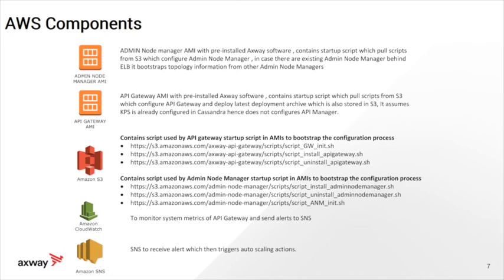Similarly, we'll be using Amazon S3 where we'll be storing the scripts, and the AMIs, on instantiation, are going to pull those scripts from Amazon S3. And we're going to use features like Amazon CloudWatch and Amazon SNS for monitoring the EC2 instances and then generating alerts which will eventually trigger auto scaling activities.